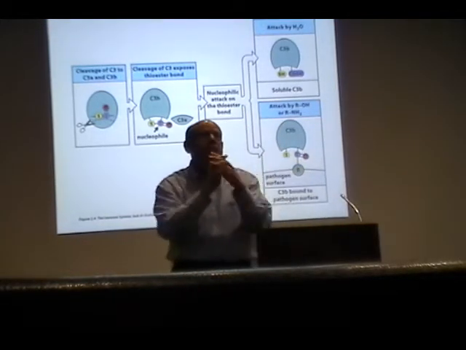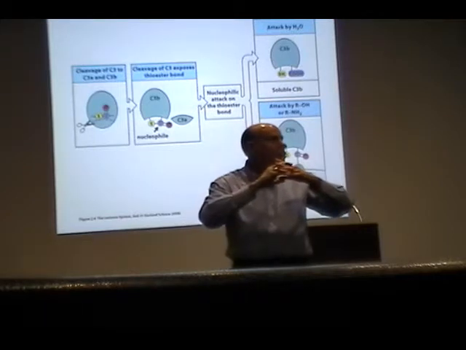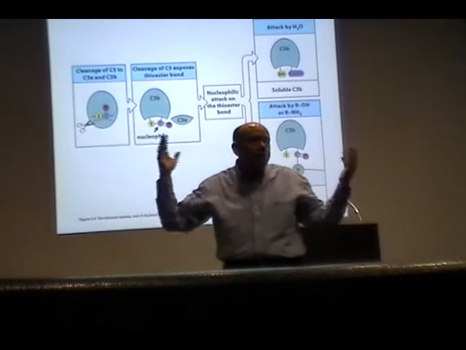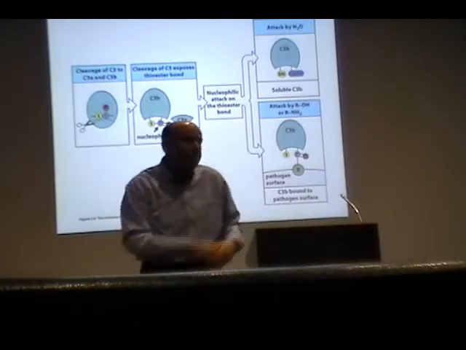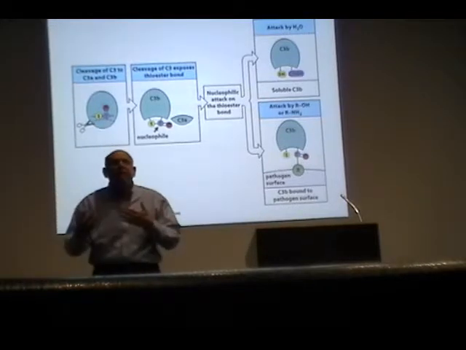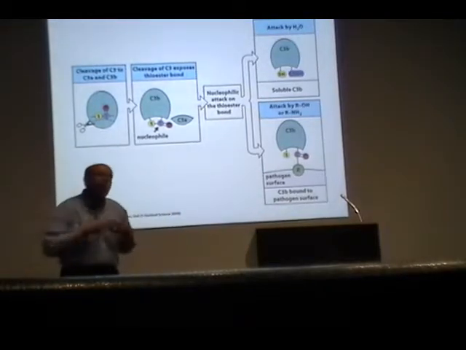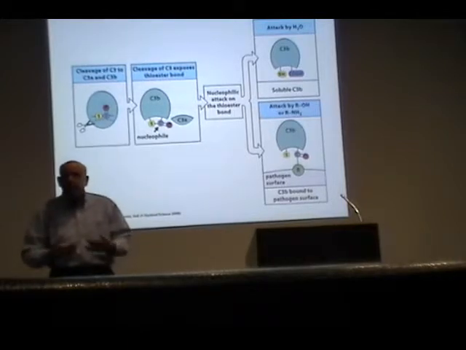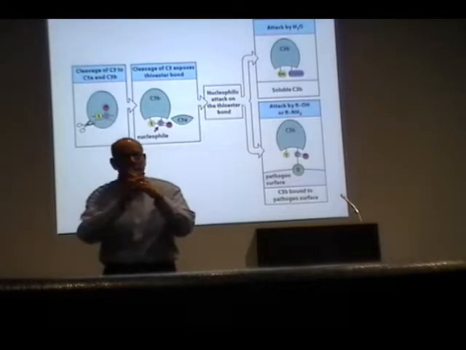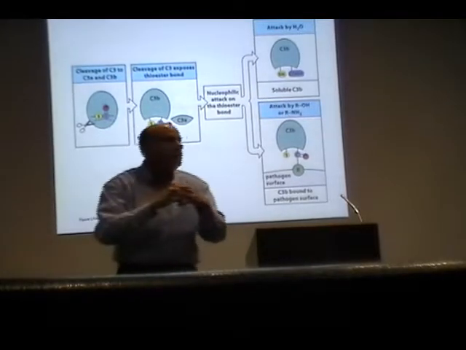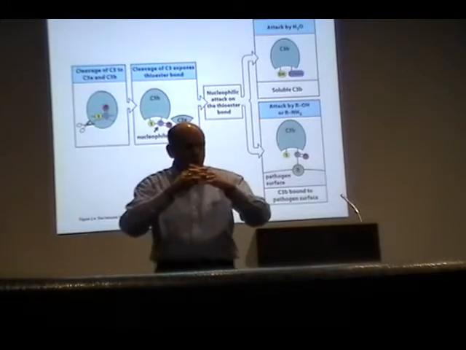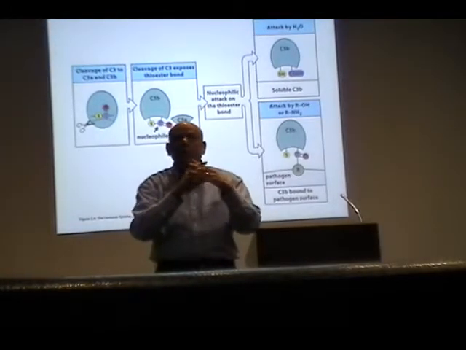So the flexing of C3 reveals the thioester bond. When you're healthy, the thioester bond nucleophilically attacks water. Bingo, you end up with the molecule up top, and that molecule just gets destroyed. And we do this at a very, very low rate. If you're infected, if you're constantly doing this flexing and every once in a while revealing that thioester bond, if you happen to have a bacteria in you, that flexing is going to occur near the bacteria, just like it's going to occur everywhere else.